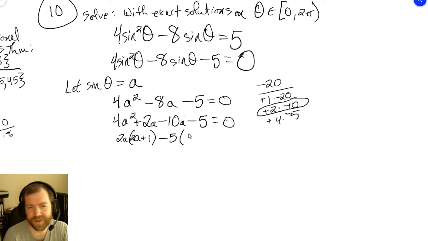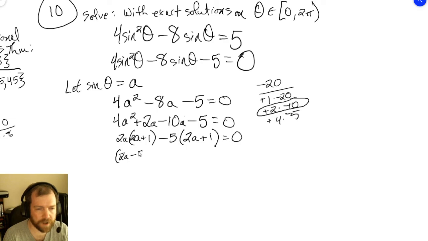That was my problem. So then here, factored out a negative 5 from negative 10, and we get a positive 2a. Negative 5 from negative 5 is a positive 1. So 2a minus 5 times 2a plus 1 equals 0.